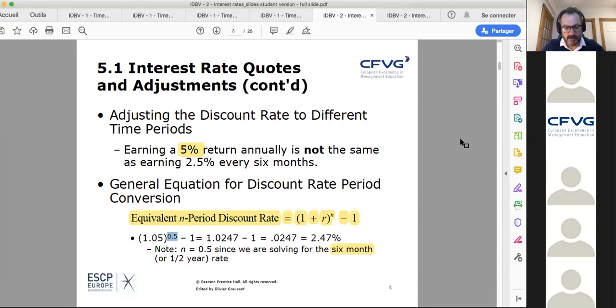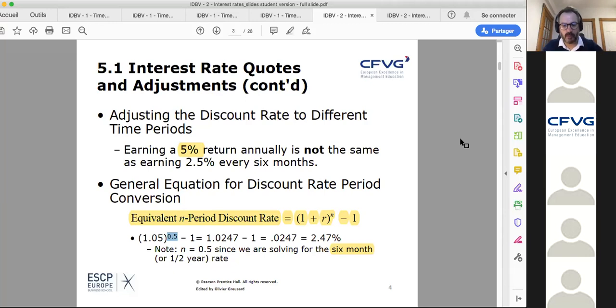That means that the 2.47% that we find is the semi-annual rate for an EAR of 5%.